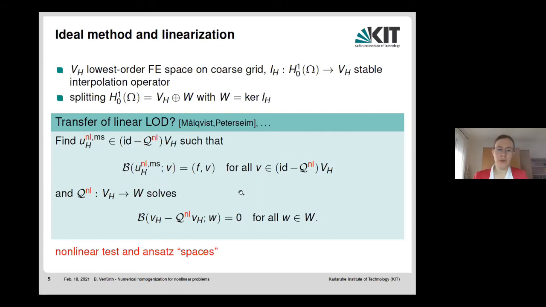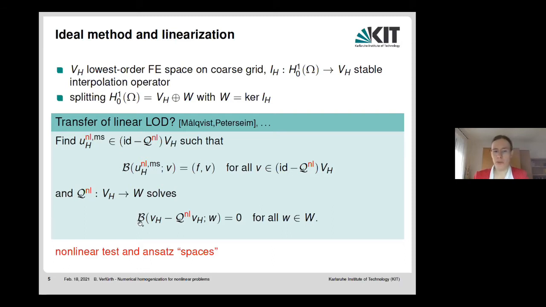If you simply write down the linear LOD, this multiscale space would be defined as the finite element functions minus some corrections, where this correction operator Q, in Daniel Peterseim's talk it was a C, you will have to live with this slightly different notation now. This correction operator Q maps from VH to W, and we've seen that it's a projection onto W with respect to this calligraphic B, this problem form.